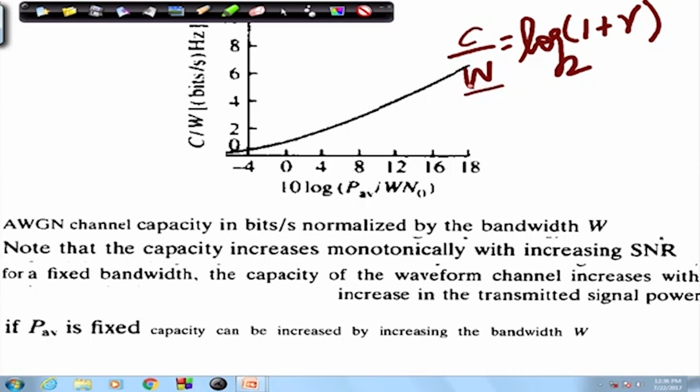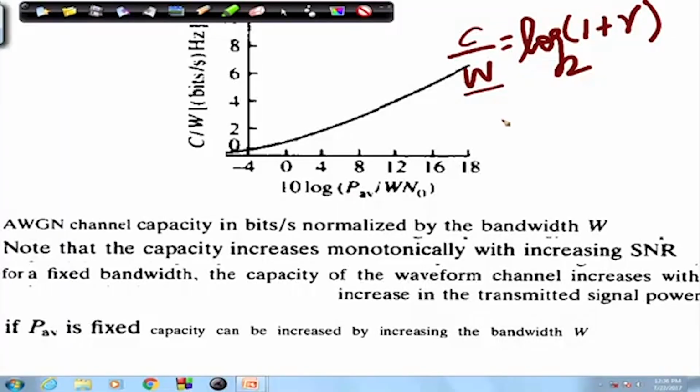This is related to when we studied PAM and QAM. We said that if you keep the symbol duration constant, that means the bandwidth W, which is 1 upon T, is constant, then if you increase the transmit power, you can increase the number of bits per symbol, and this expression gives us the upper limit to it.